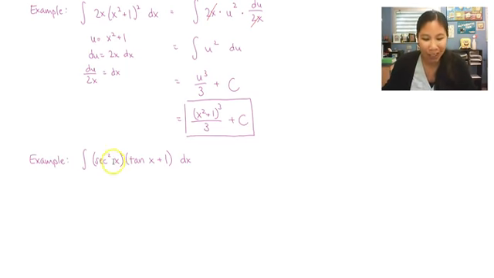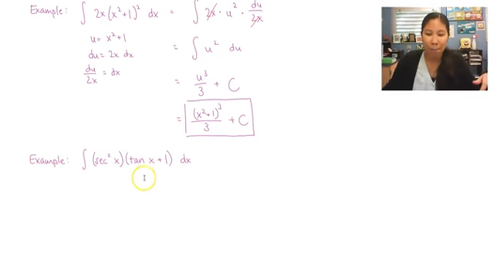All right, my next example is slightly more complicated because now we're dealing with trig, and I also have two parentheses here. In regards to which one I use for u, it's a little trickier because both of them are inside parentheses. But remember, the derivative should be elsewhere in the problem.